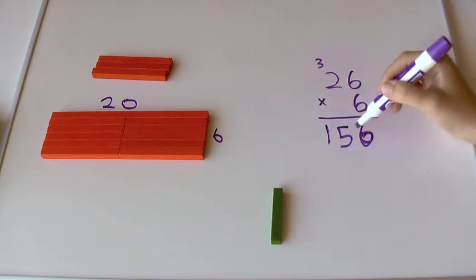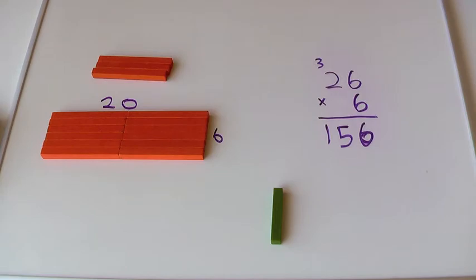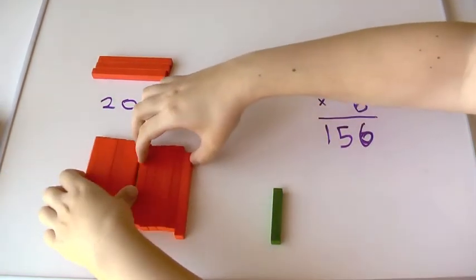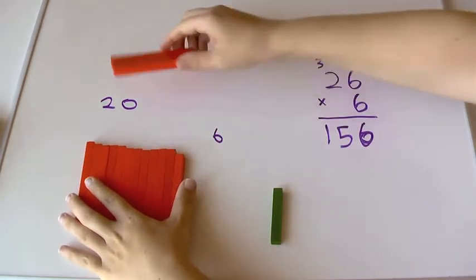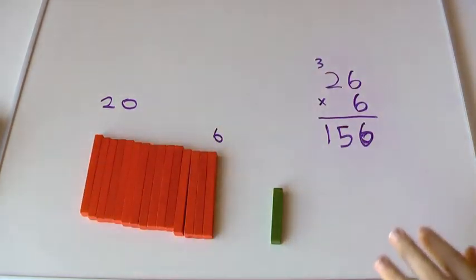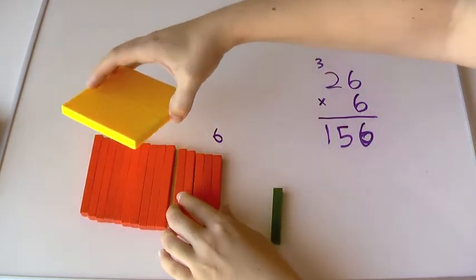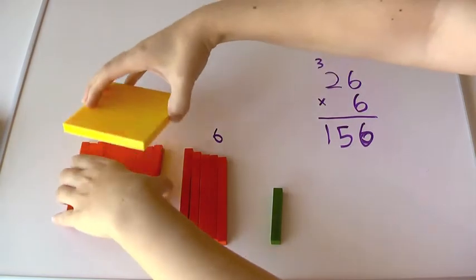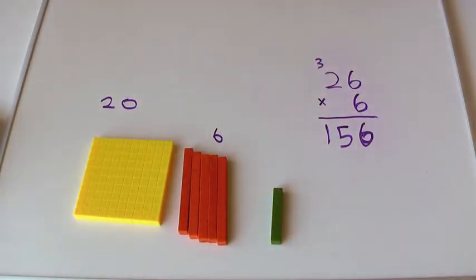So 156. And if your kids want to, so they can even see it more clearly, they can trade 10 tens for 100, and then they can actually see 156 there.